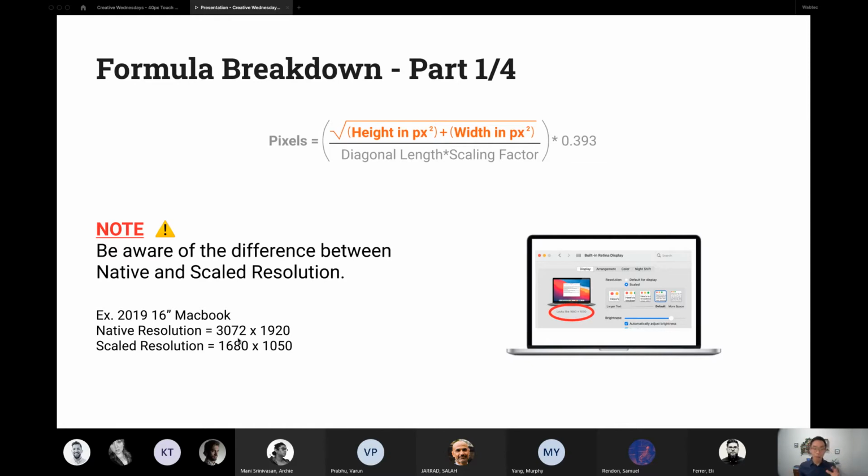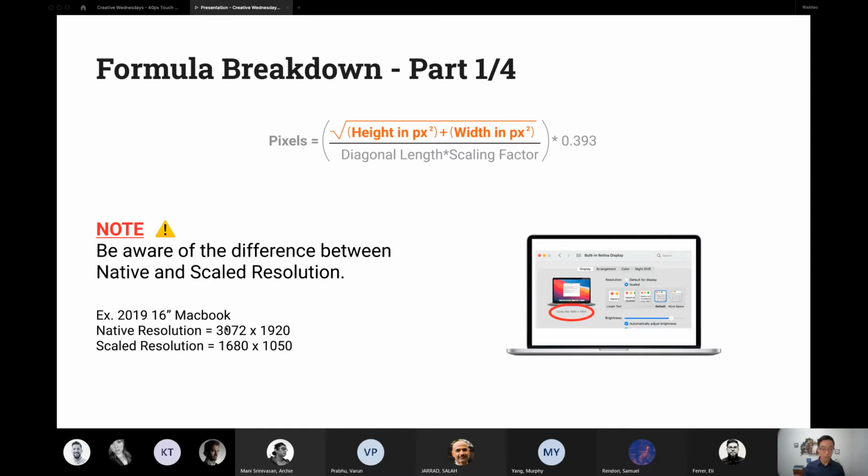Now, all of those pixels are being scaled down. If I went into my display settings, I would see that the default resolution is actually a scaled resolution that looks like 1680 by 1050. So for all intents and purposes, this MacBook that I'm working on is using a resolution of 1680 by 1050.